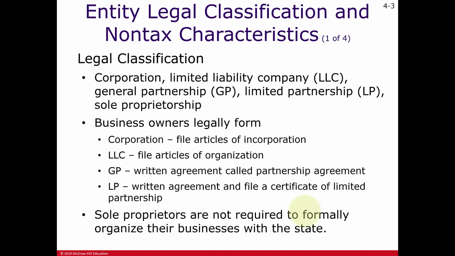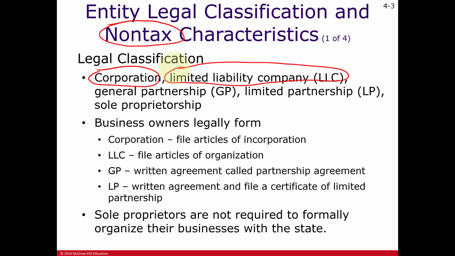Now, the main non-tax reason why an owner would choose different types of business entities is to try to limit the liability exposure to those owners. And the main way you do that is to run your business through a corporation or that LLC I just mentioned.